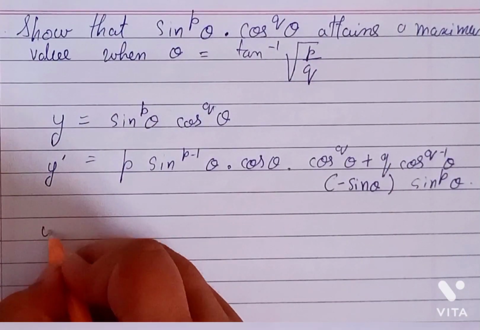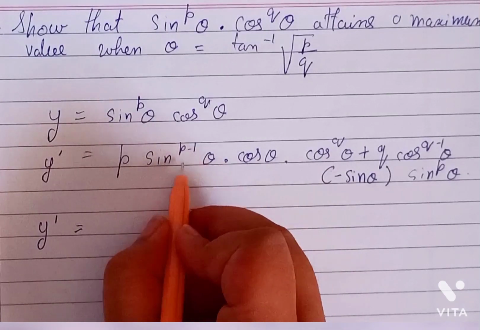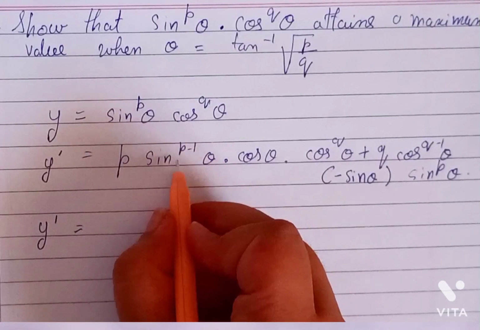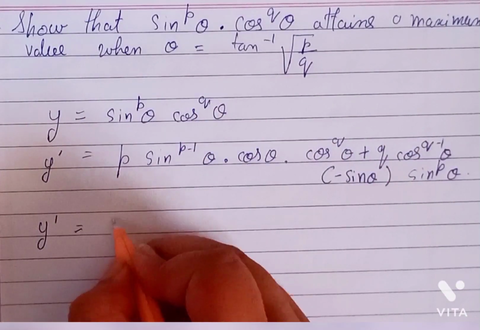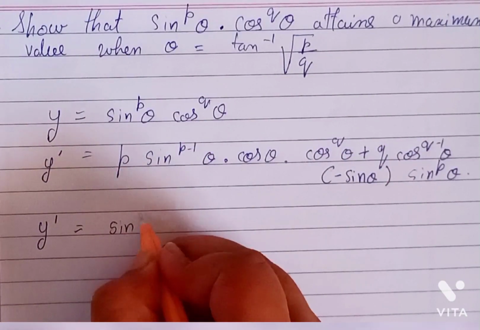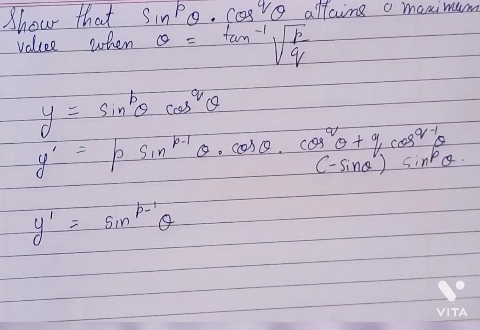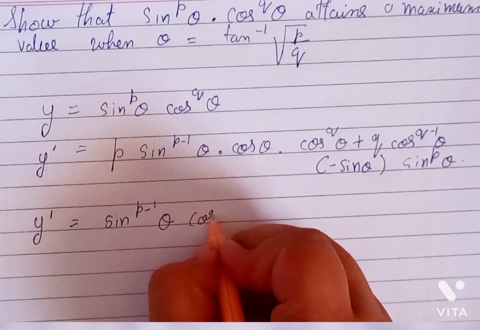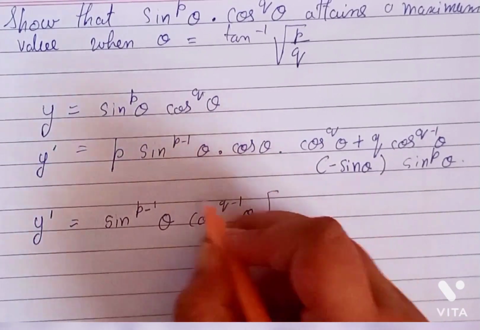From here I could take out many things common, so I'll take that out. First of all, it's sin to the power p minus 1 theta. This would be common in both. Similarly, cos to the power q minus 1 theta will also come out as common.